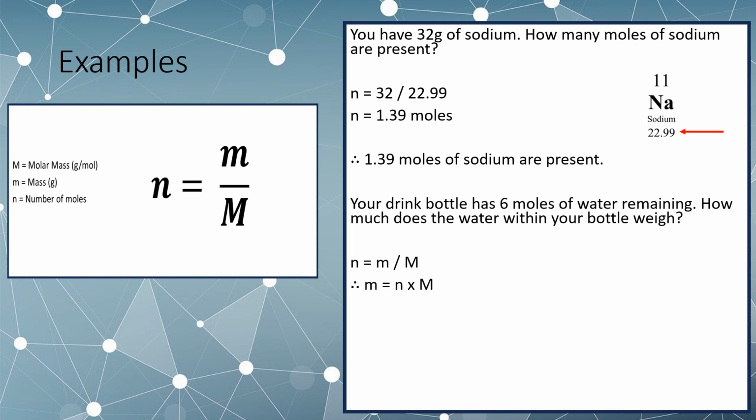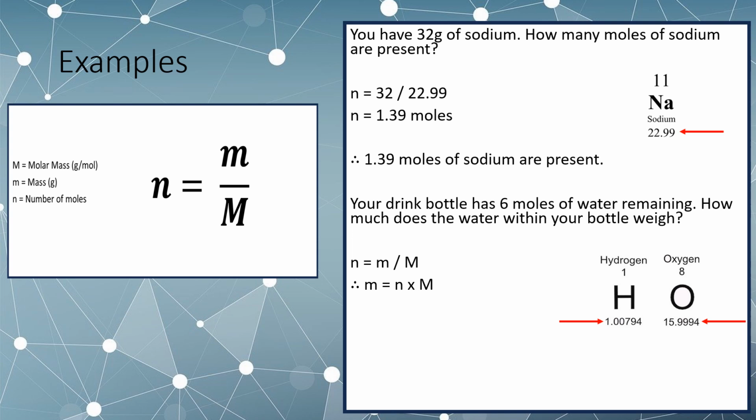So we get mass is equal to our number of moles multiplied by our molar mass. Then we'll get mass is equal to 6, our number of moles. However, in this case, because it is a compound, we need to add the molar mass of 2 hydrogens and 1 oxygen together, as water is H2O, 2 hydrogens, 1 oxygen.